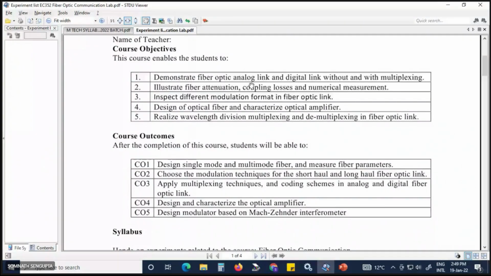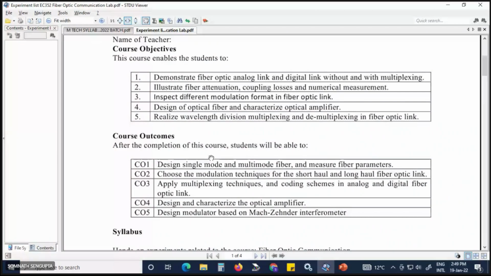To demonstrate fiber optic analog link and digital link, then to know attenuation, losses, numerical aperture measurement, then modulation, coding techniques and some modulation techniques, then optical amplifier, then WDM and DWDM system.